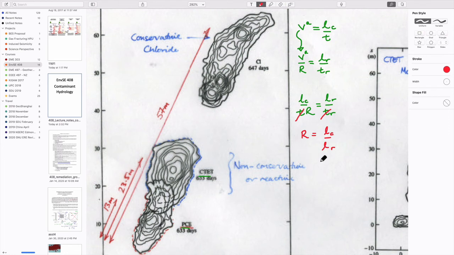And so the length traveled for the conservative plume is always going to be 57 meters. And so we could calculate the retardation coefficient for carbon tetrachloride, CTET, which is going to be 57 meters divided by 23.5.